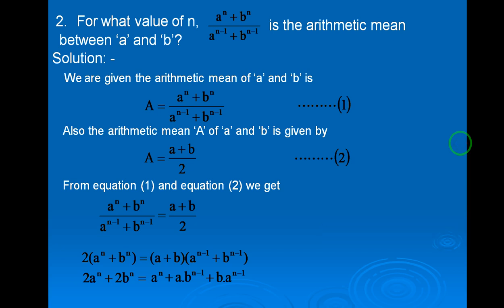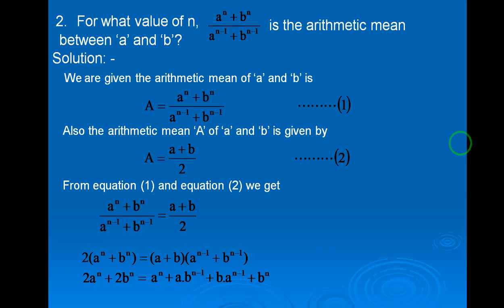Now multiply the second term b with the last term in the second bracket, b^(n-1). So b into b^(n-1) is equal to b^(1+n-1), equal to b^n. So the last term becomes plus b^n.